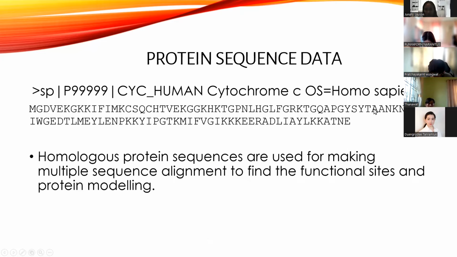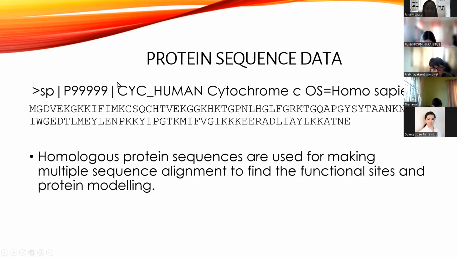And for the protein sequence data, they normally start with the greater sign as well, followed by some IDs. We will talk about these IDs later. And this is the UniProt code, which stands for Universal Protein Knowledge Base.